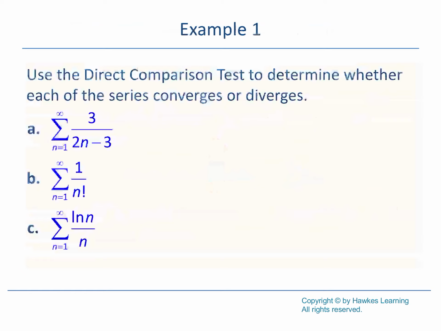Use the direct comparison test to determine whether each of the following series converges or diverges. So the name of the game here is these series are a little bit unfamiliar, and what we'd like to do is compare them to a series that we know better.